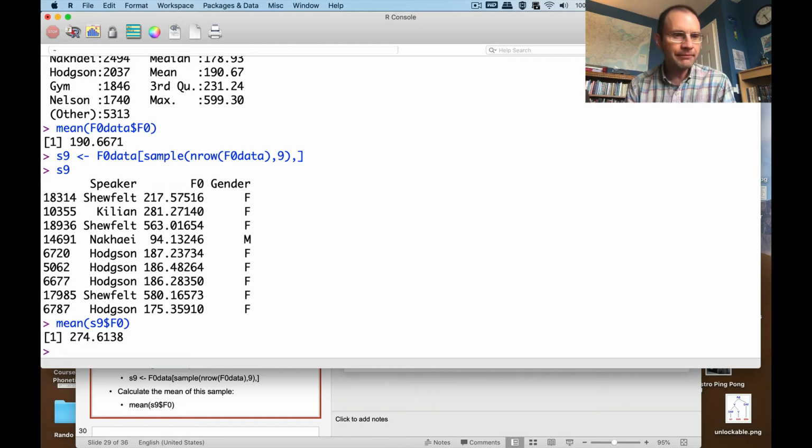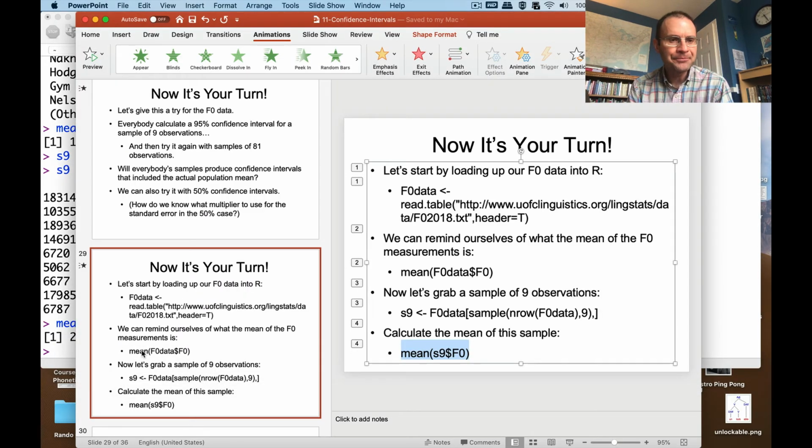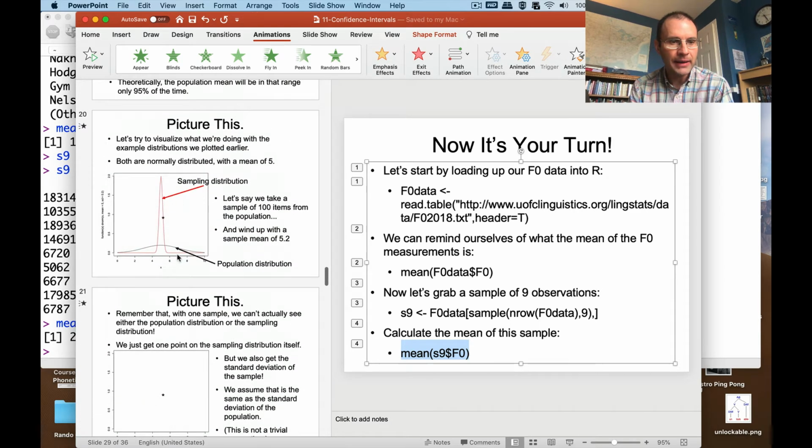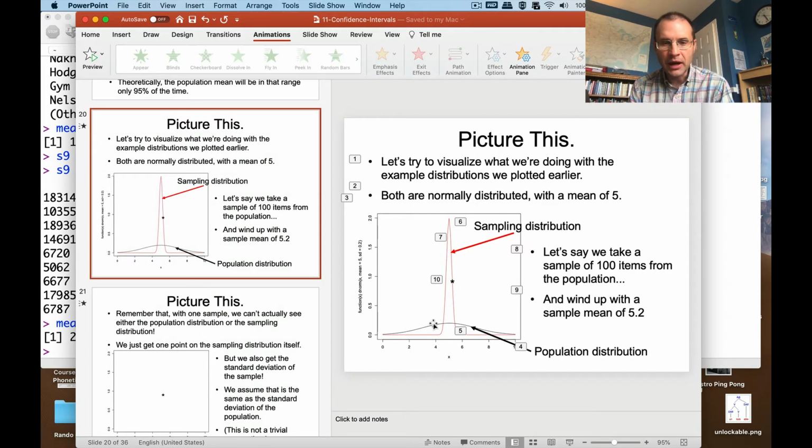Okay, so we can draw an analogy here with what we did before. Back here, we talked about the population distribution. And remember, this is F0, so the population distribution is not going to be normal. It's going to be skewed one way or the other. Our sampling distribution should be normal, though, if we have large enough N in the samples.